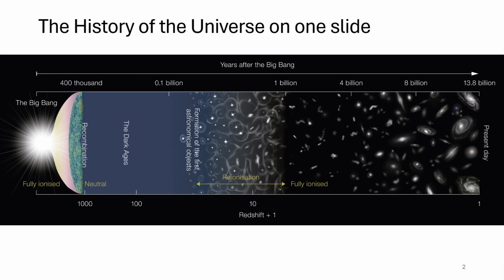Distance means, because of the finite travel time of light, when we look at an object that's very far away, we are looking at the universe in the past. The universe was smaller in the past, and so the wavelengths have been stretched as the universe expands, and that gives us this redshift.